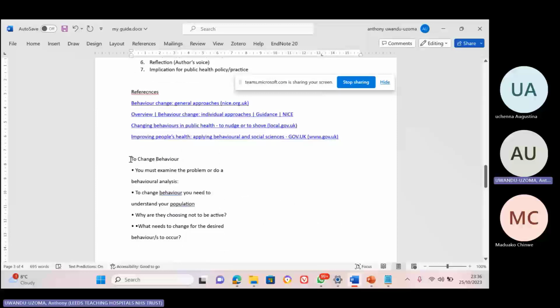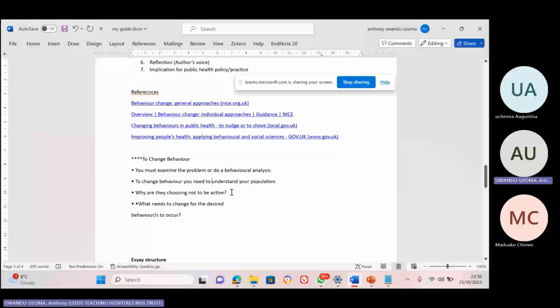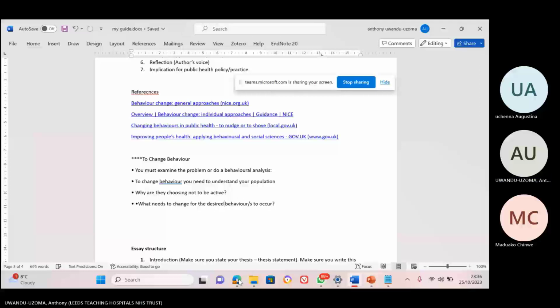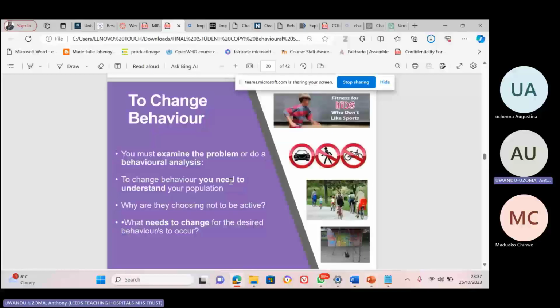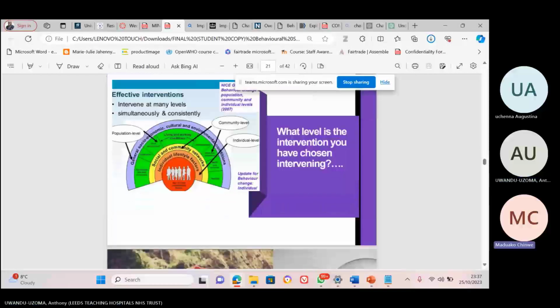When you're reading your PowerPoint, you should ask yourself, what are the important points? It's not everything that is important. So now I know the 4 steps to change behavior, and then I know how that can be applied in public health, because in public health you are trying to change behavior. So this slide is very important for me.